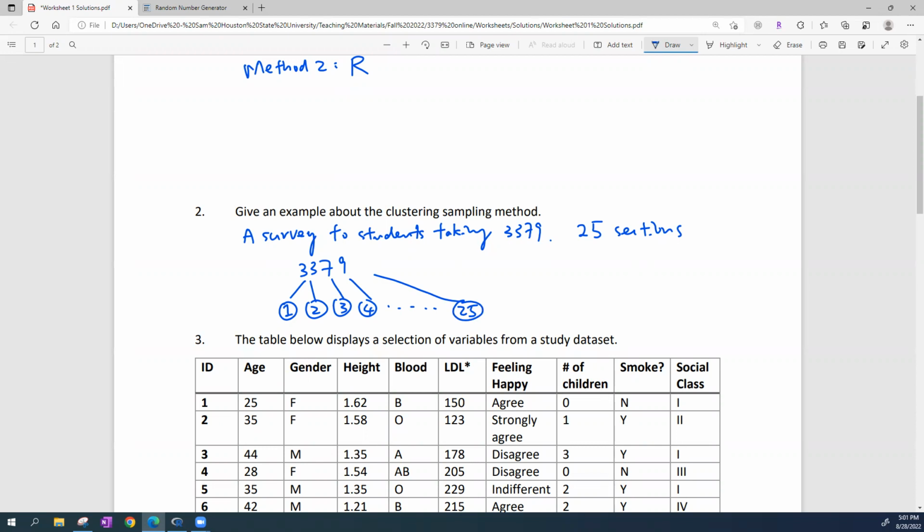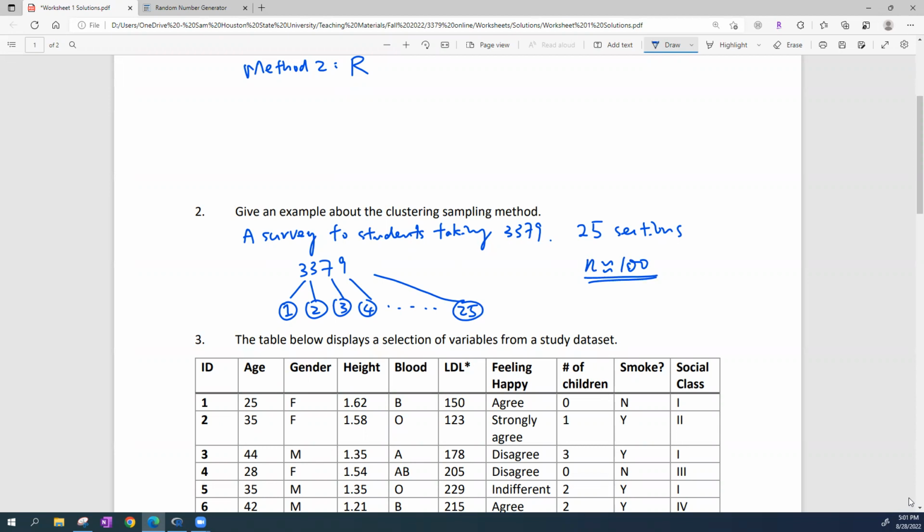And then we further do what? Let's say we want a sample of size n around 100 students. That's the desired sample size for this survey.